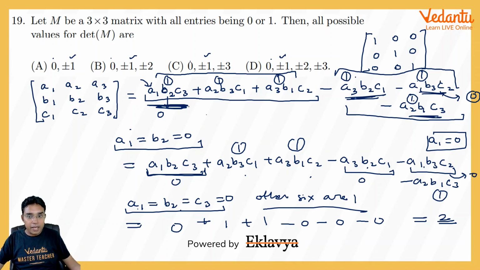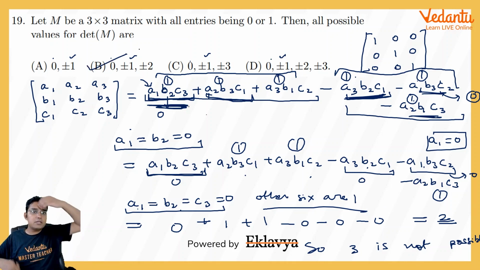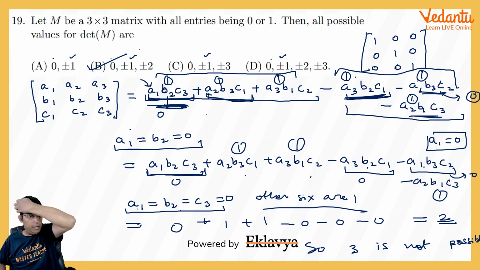But if you make any one of the elements of these 3 terms 0, they will impact the value of these 3 terms also. So you cannot have these 3 to be 1, 1, 1 and these 3 to be 0, 0, 0. So 3 is not possible. Okay, so answer here would be, I think, B. It is not C, it is not D.